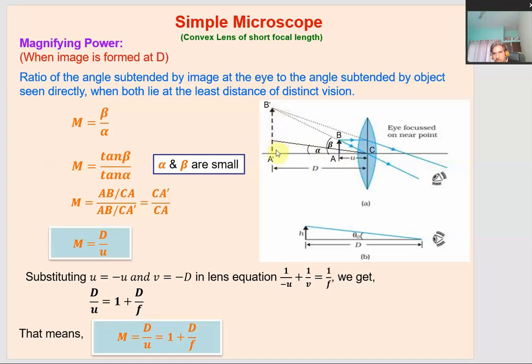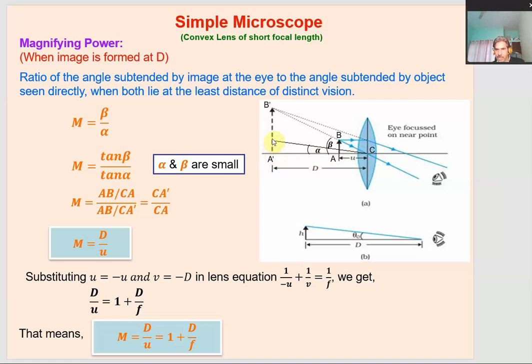Now this triangle A dash B dash C makes the same angle beta at C as triangle ABC does. So AB also makes the same angle beta at C. Therefore we take tan beta in this triangle rather than A dash B dash C. So tan beta is perpendicular AB upon base CA, and tan alpha in this triangle is perpendicular A dash B double dash upon base CA dash.